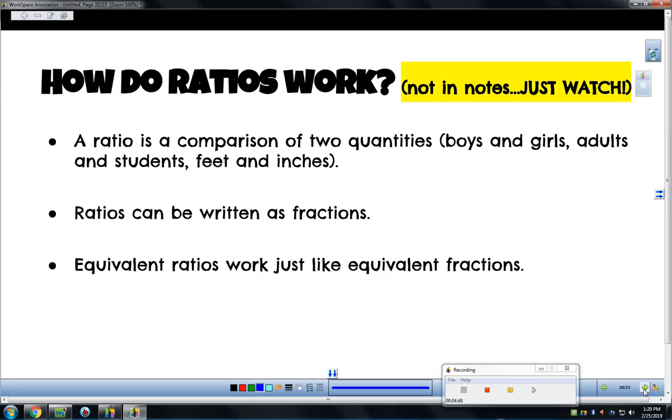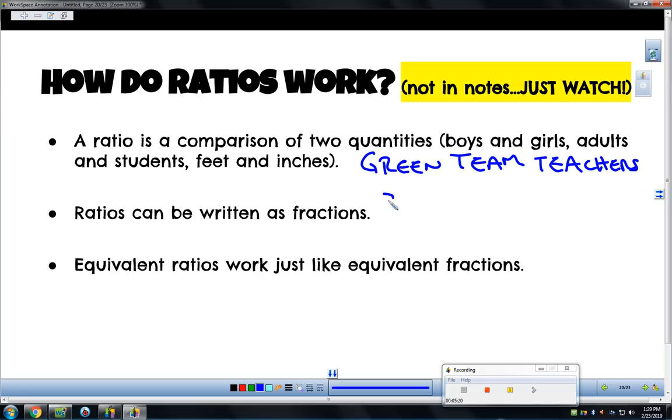So from earlier, a ratio is a comparison of two quantities, two amounts. So it's boys to girls or adults to students, feet to inches. Ratios can be written in several ways. So we're going to talk about the green team teachers. There are 5 of us.